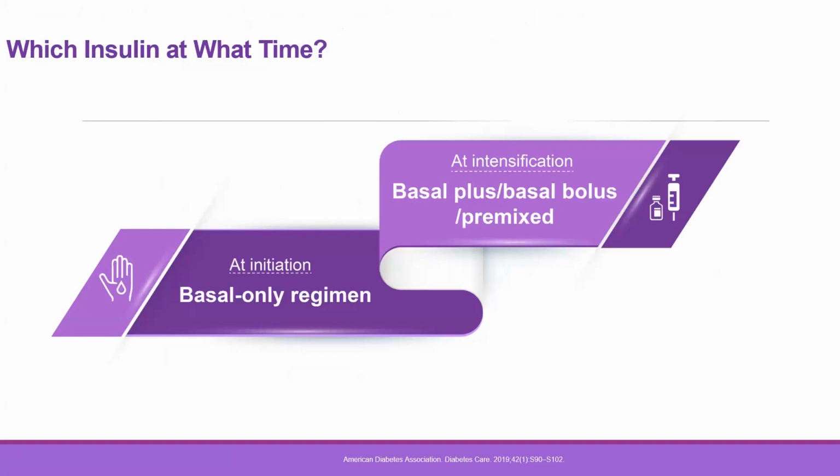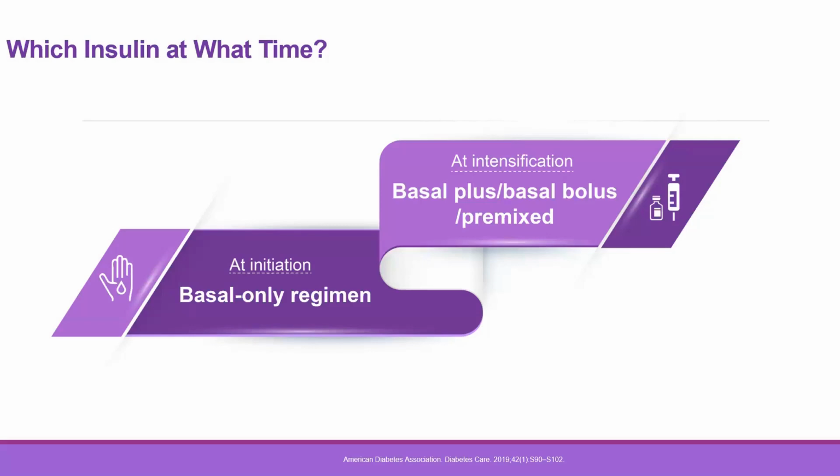So which kind of insulin should you start first? Because you have seen that we have basically three varieties of insulin. One, we have regular insulin. Two, we have premixed insulin. And three, we have basal insulin.